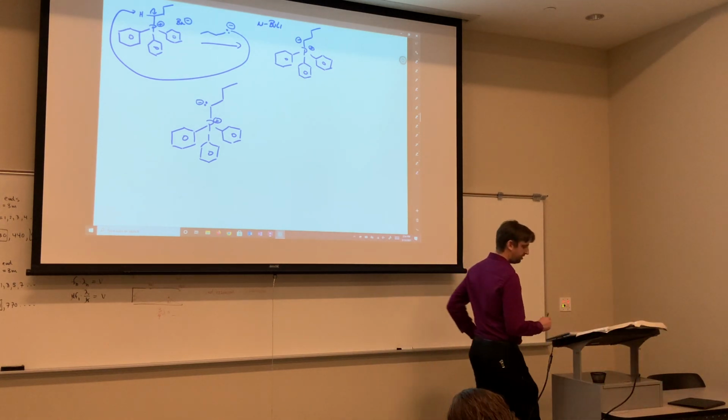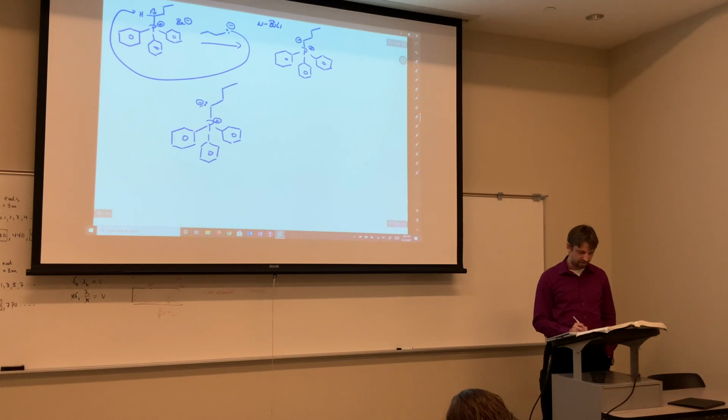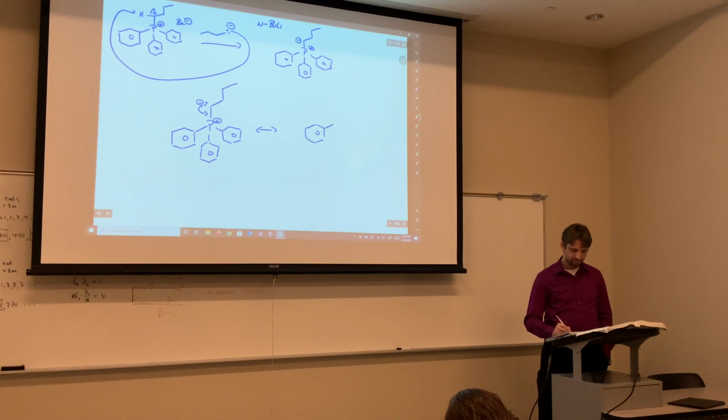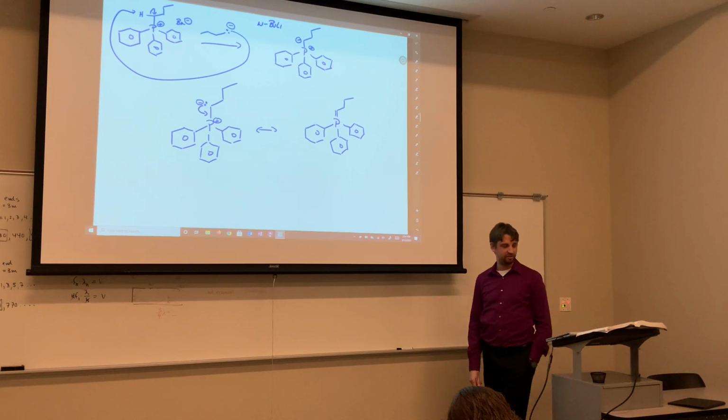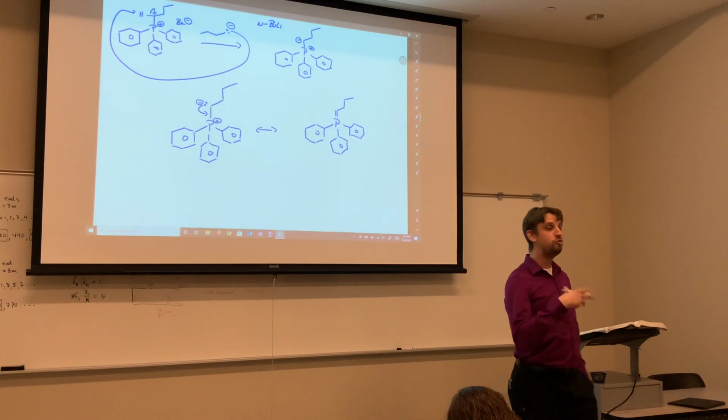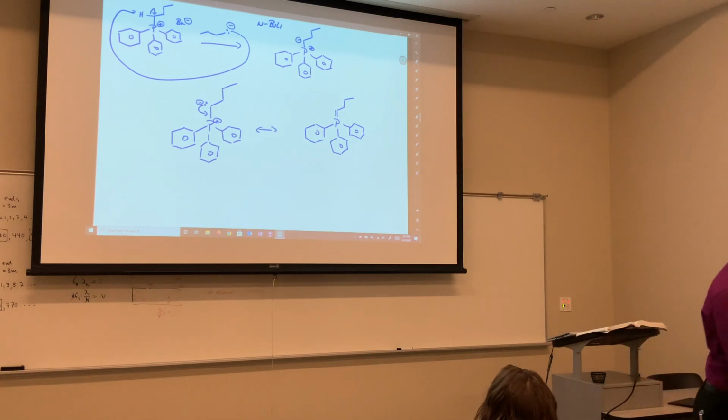So a thought, and it wouldn't be a particularly bad thought, is that we could draw some kind of resonance structure wherein we set up some kind of system like this, where we actually see a neutral species, right?